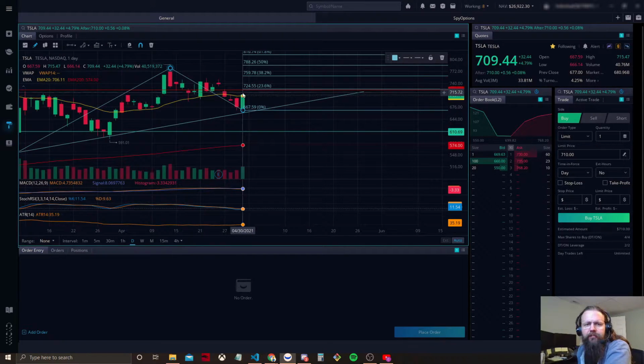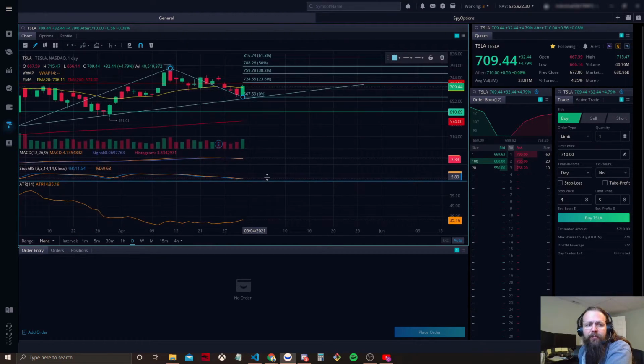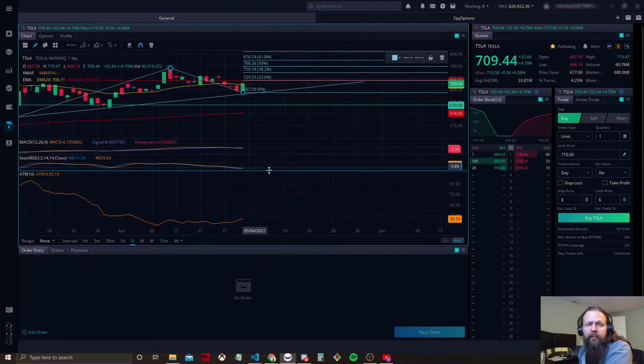You can see this big engulfing candle. It's larger than the previous candle. That's a good sign. But we do have this resistance to contend with. So it might be a handful of days before it can break that. Again, that's another place where the ATR can come in handy.